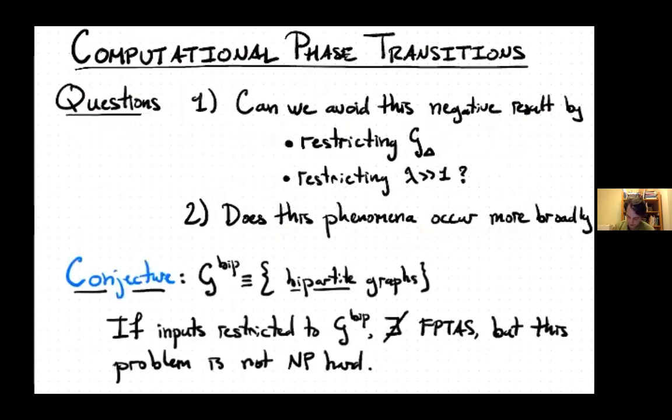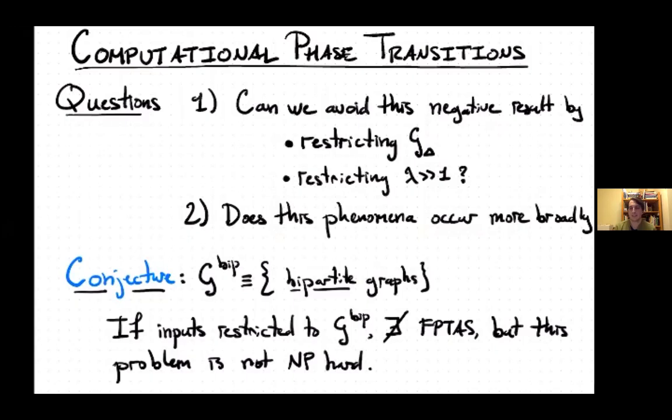So here's a conjecture from the computer science community that gives some extra motivation, maybe, to the first question above. The conjecture is the following. Restrict yourself, for the hardcore model, to the input graphs being bipartite.